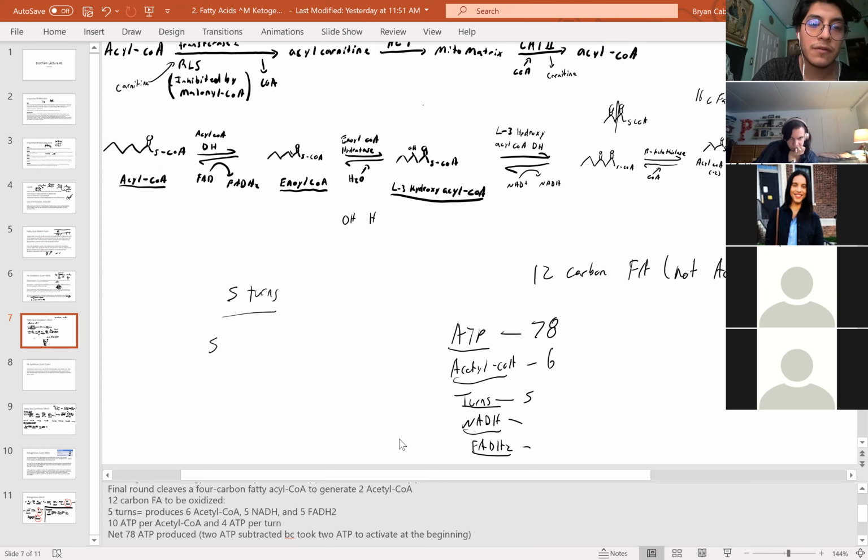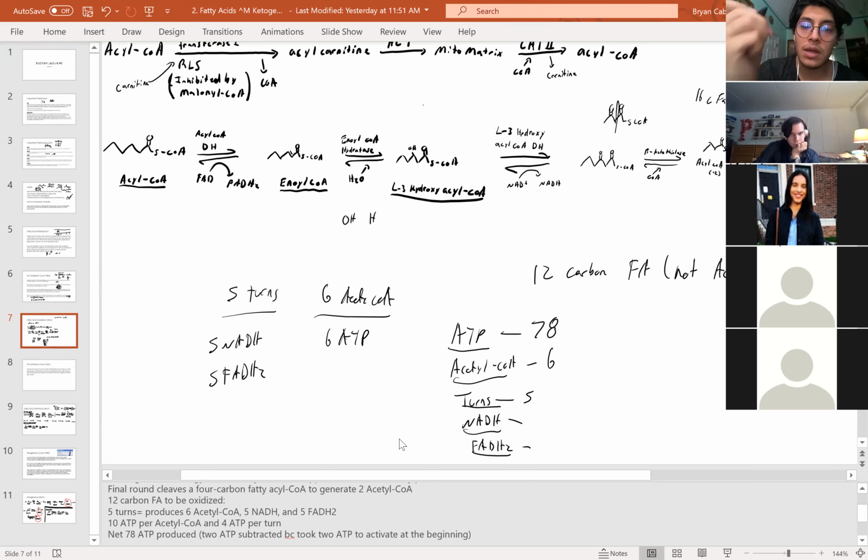Okay, so we have 5 turns, which means we're going to be producing 5 NADH and 5 FADH2 from those turns. We're going to have 6 acetyl-CoA, and from the acetyl-CoA we're going to be producing 6 ATP or GTP. We're going to be producing 3 NADH per acetyl-CoA, so 3 times 6 is 18 NADH.